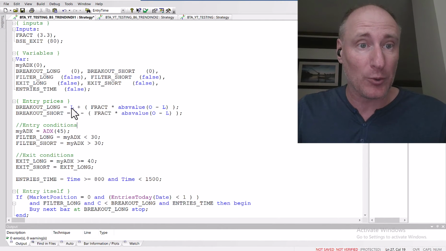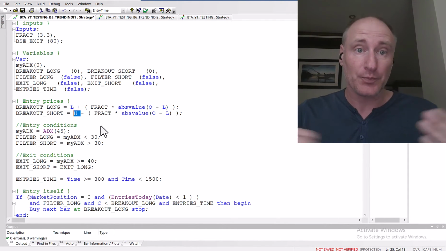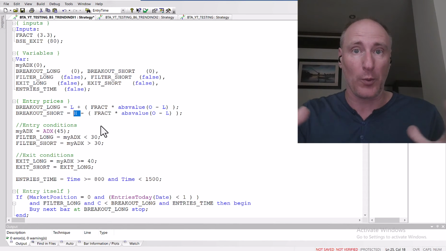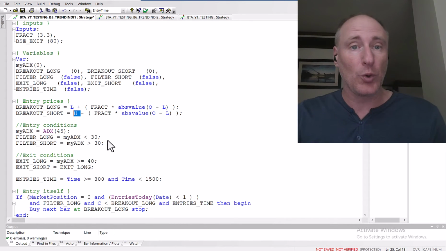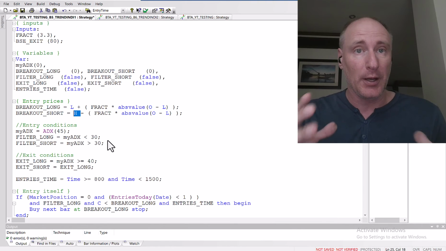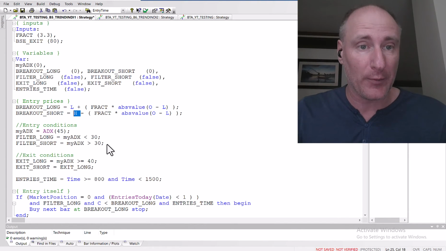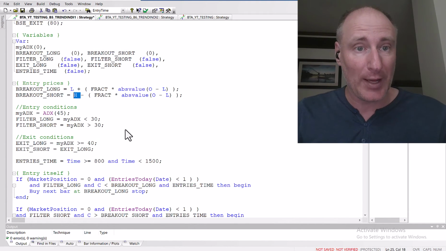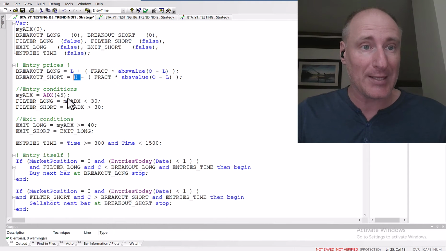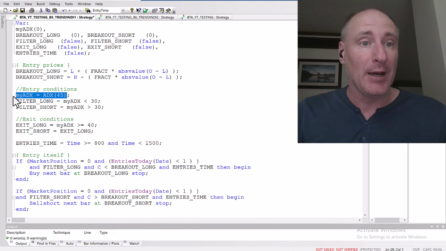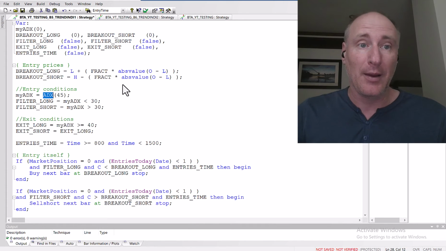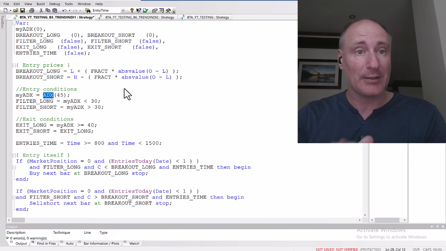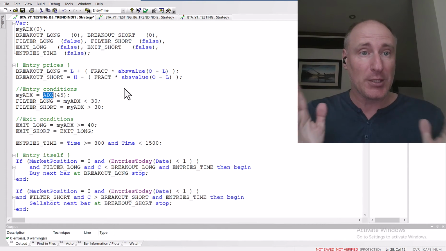Once the breakout level is triggered with a stop order, we always use stop orders. We also need to introduce some filter for the strategy itself. Otherwise, we would have too many trades and a lot of false breakouts. So in this case, we use the filter condition built on my most favorite trend indicator ever, which is ADX.